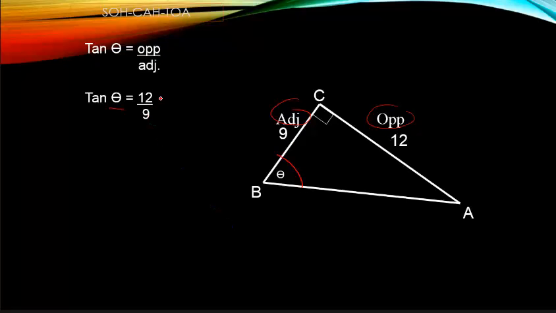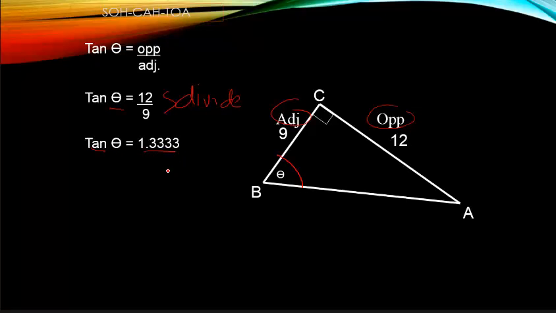Now we got to find the decimal value here. We got to divide. 12 divided by 9, I should get a number bigger than 1 if I think that through. Now think back to the last video. What do I have to do to find this missing angle if I know the function and its value?